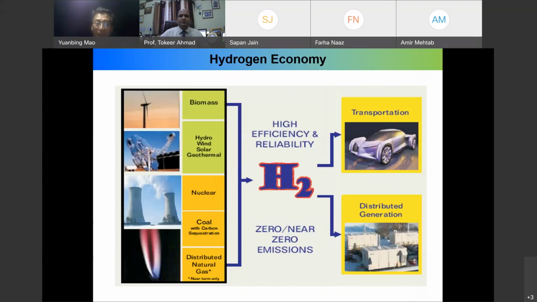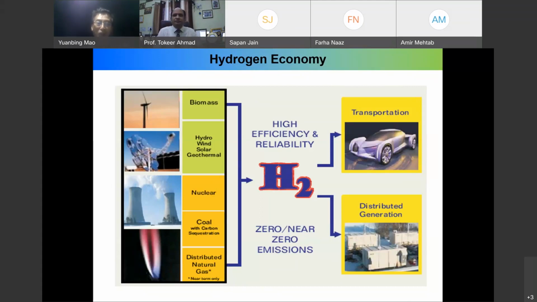So let's start. The hydrogen related term is called hydrogen economy. So the whole process is related to hydrogen, right? From here you can see that hydrogen can be generated by different processes.